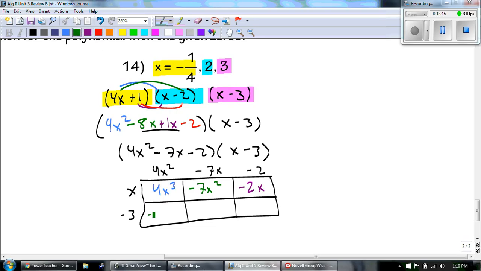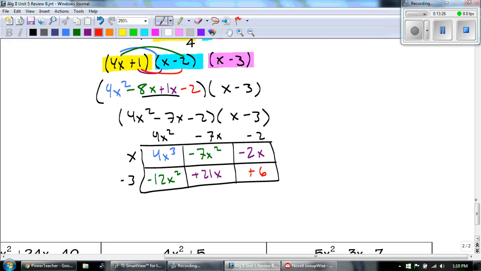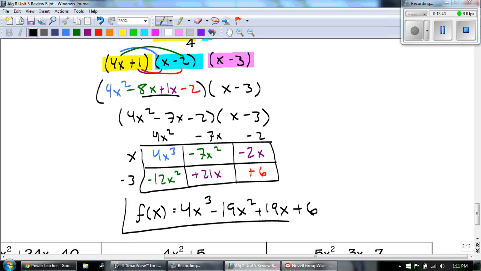And now we're multiplying by -3, so negative 12x squared, positive 21x, and then positive 6. So we get our final answer of 4x cubed minus 19x squared. 21 minus 2 is a positive 19x plus 6. Woo!